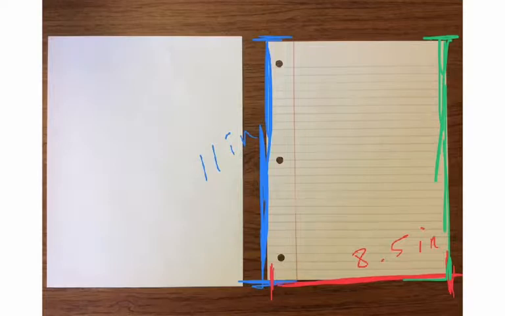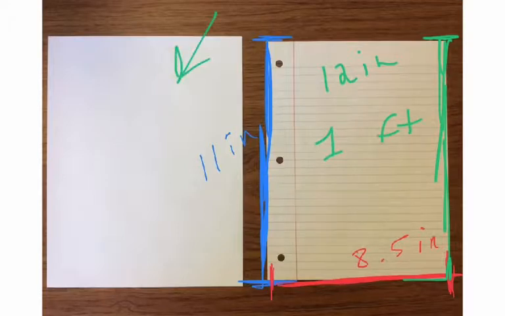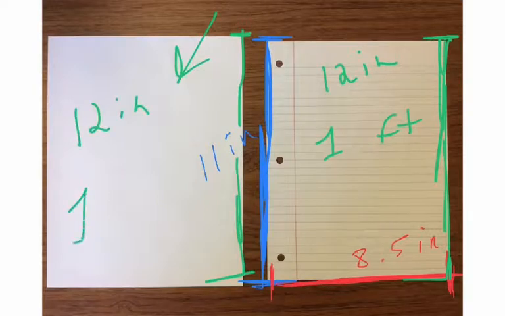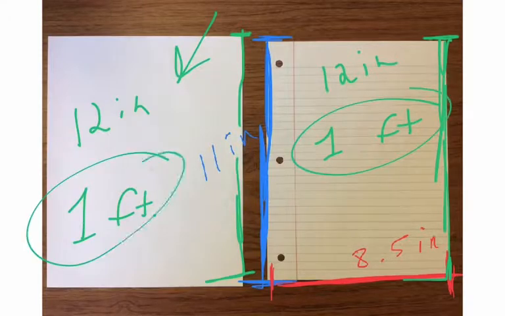So you can kind of estimate that, hey, this is pretty close to 12 inches, which is 1 foot. If you have a computer piece of paper, printer paper, they're a lot closer to almost exactly 12 inches long, which is also 1 foot. So if you don't have a ruler or a tape measure or yardstick, no problem, don't worry about it. Grab a sheet of paper and just use that, basically about 1 foot long, and that will work for what we're doing, okay?